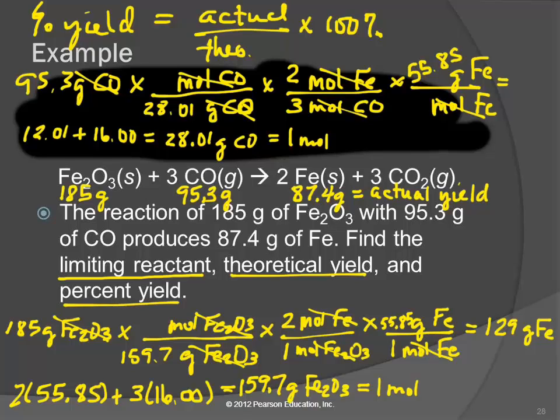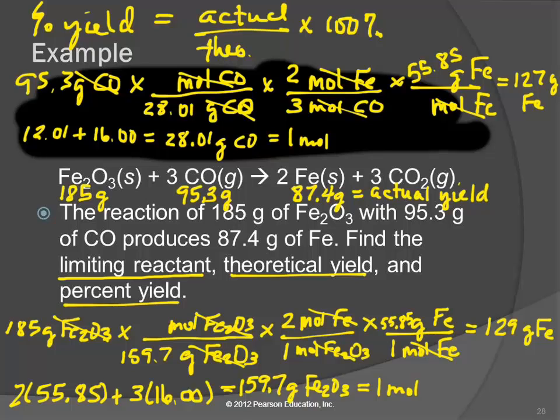So 95.3 divided by 28.01 times 2 divided by 3 times 55.85, and I get 127 when I round it. Anybody else get that number?